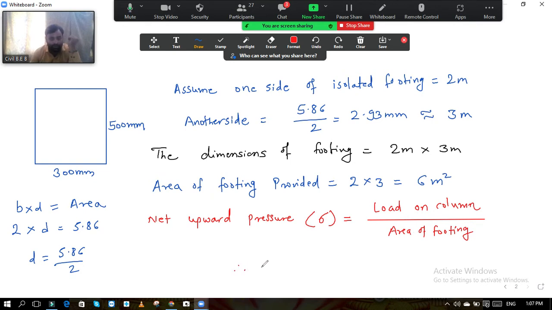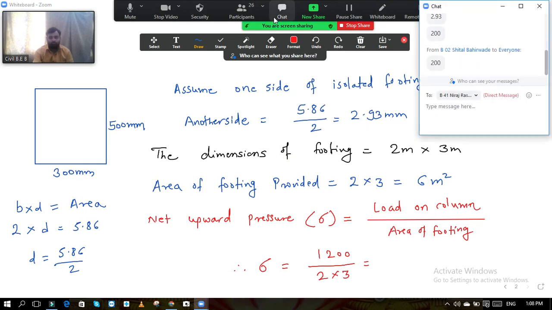Therefore sigma is equal to load on column, which was 1200, divided by area of footing, 2 into 3, that is 6. Calculate the value of sigma and let me know the answer. 200.